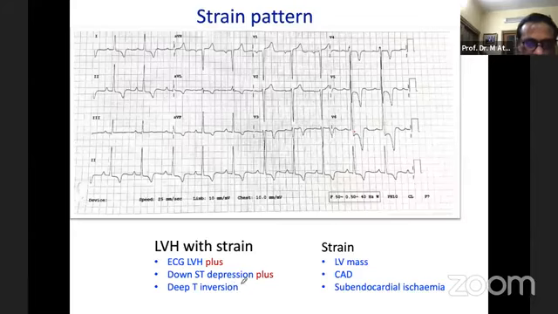So this is left ventricular hypertrophy with strain pattern, either from left ventricular hypertrophy, other causes, or from hypertrophic cardiomyopathy. So the T wave inversion is deep and pointed, with or without the strain criteria.